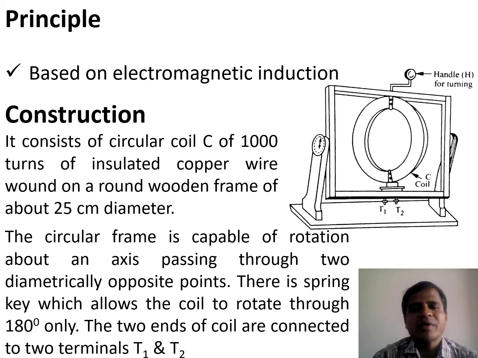The circular frame is capable of rotation about an axis passing through two diametrically opposite points. There is a spring key which allows the coil to rotate through 180 degrees only, and the two ends of the coil are connected to two terminals T1 and T2.